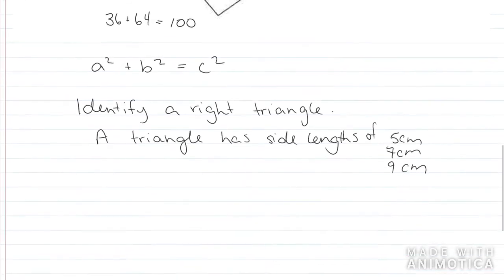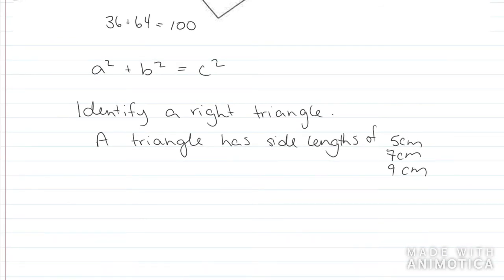What are the areas of the 3 squares that can be drawn on the sides of the triangle?